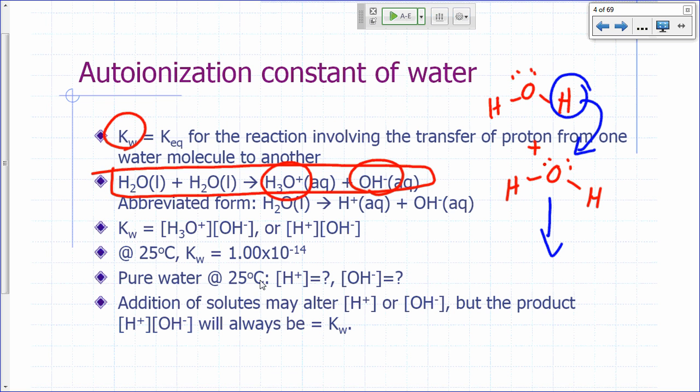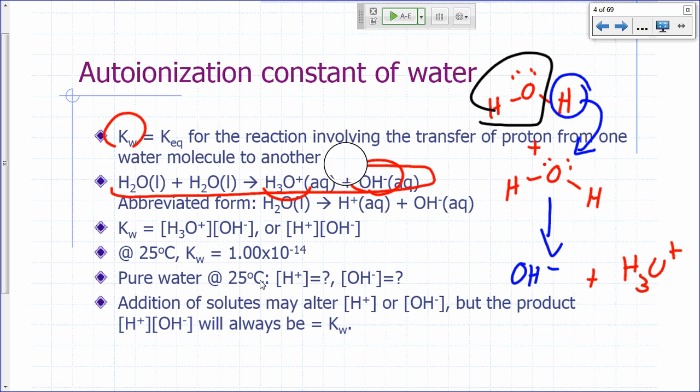Okay, so when this happens, when a proton, H plus, transfers from water to another water molecule, you get hydroxide left behind, right? This is going to be your hydroxide that's left behind, and you make hydronium ion. So H plus H2O will give you hydronium ion. So this reaction right here occurs to a very small extent, but it does occur.